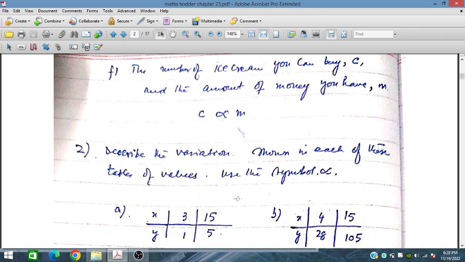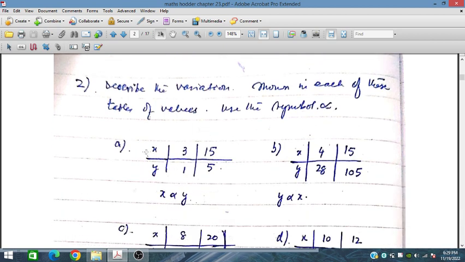Now question number 2: describe the variations shown in each of these tables of values using the symbol proportional. Here we have x and y. x is 3, y is 1; x is 15, y is 5.